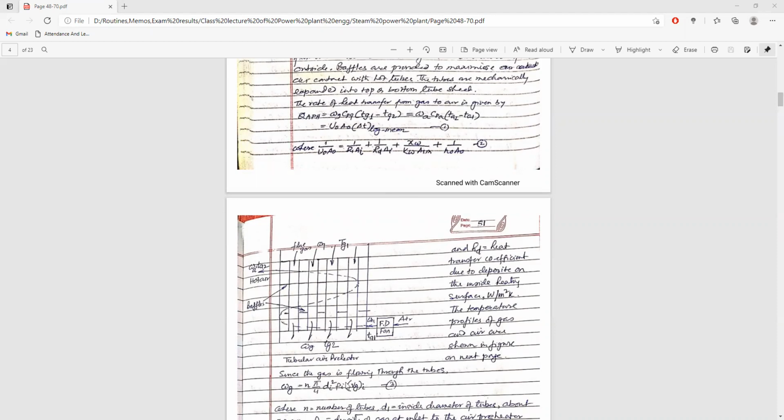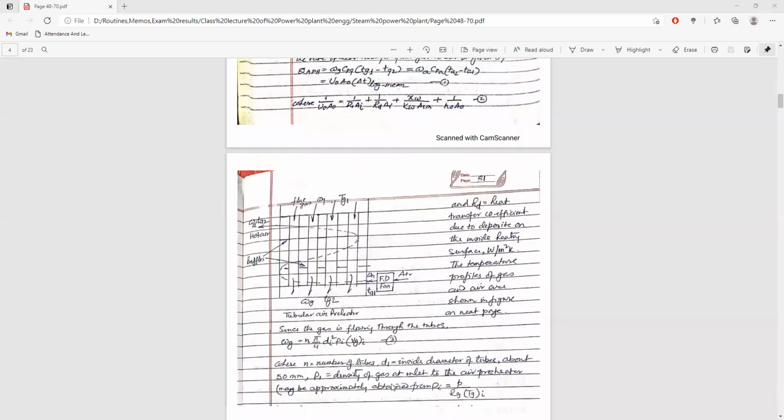Since the gas is flowing through the tubes, W_g, the specific weight of the gas, is N π/4 d_i² ρ_1 V_gi. What is this?